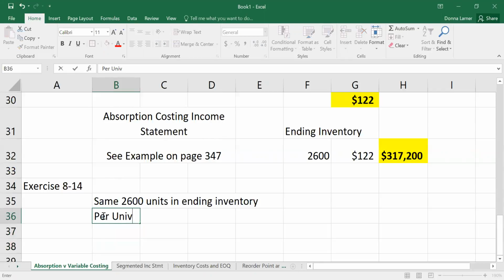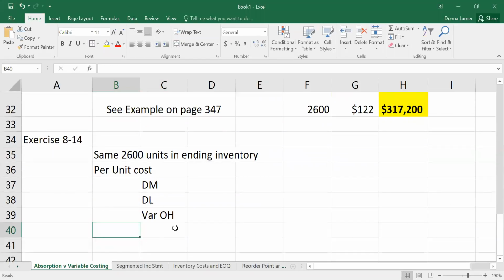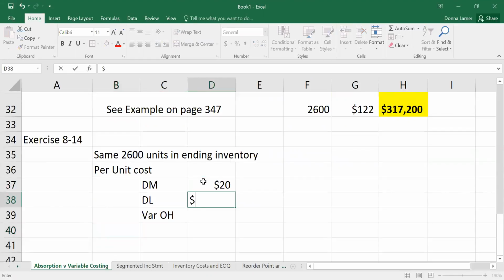Per unit cost. Remember what goes in under variable costing, it's only direct materials, direct labor, and variable overhead. So the fixed overhead doesn't get included in this total. So it's the same numbers, just not all of them. You're leaving out the $30 of fixed factory overhead.